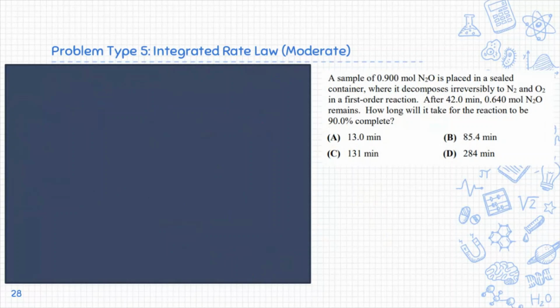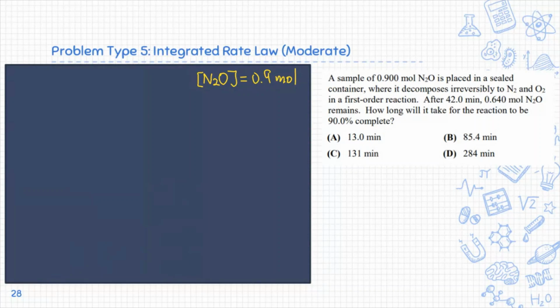Integrated rate law, this time a little bit harder. All right, a sample, so you're given the initial concentration already, which is 0.9. Well, it's not really concentration, but you're given the amount of NO2, which decomposes irreversibly to N2 and O2 in a first order reaction.